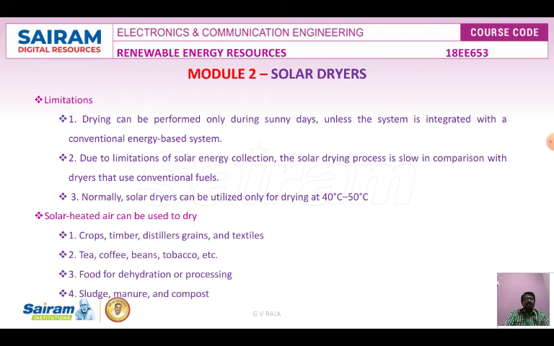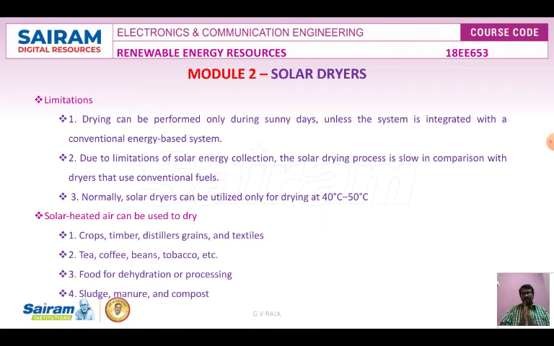This is due to the limitation of solar energy collection: in the morning the sun rays are very less, and in the evening the sun rays are very less. During sunset and sunrise the radiation is very low. But at noon time it is very high, so during that time the drying process is very good. The rest of the time the drying process is very slow when compared with the conventional system.